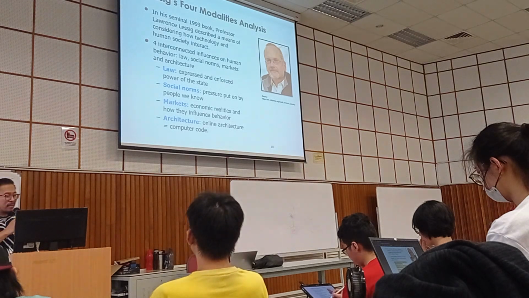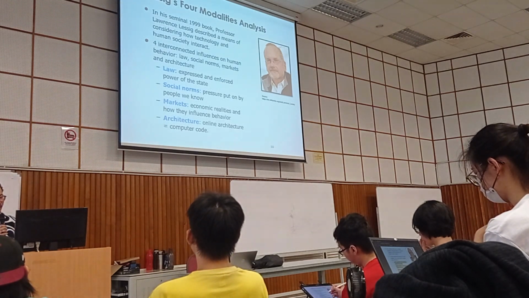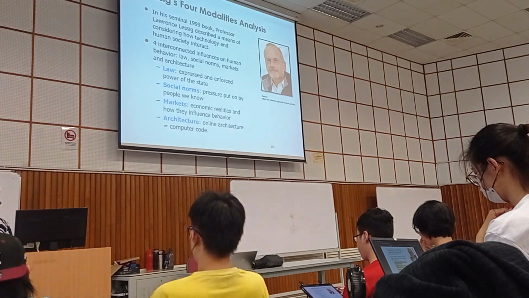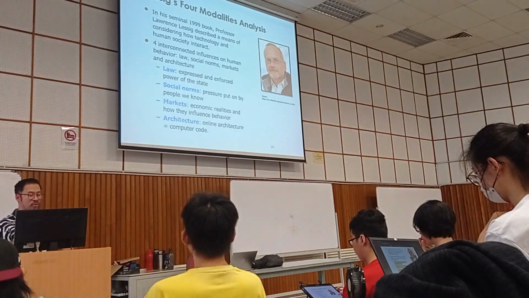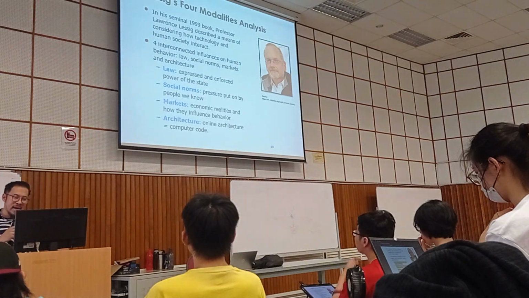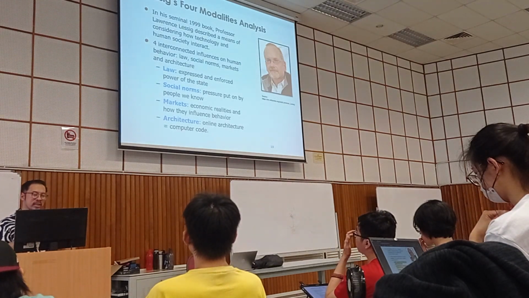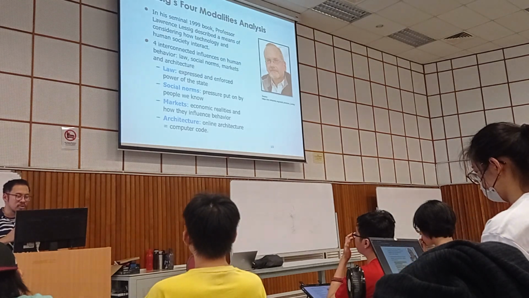And then markets. So how you can see the trend of current situations, the market realities, and how they influence behaviors. You know, the market trend, when people are going to buy, looking forward to a certain product or a certain brand or something like that. So how this trend can affect the social world.